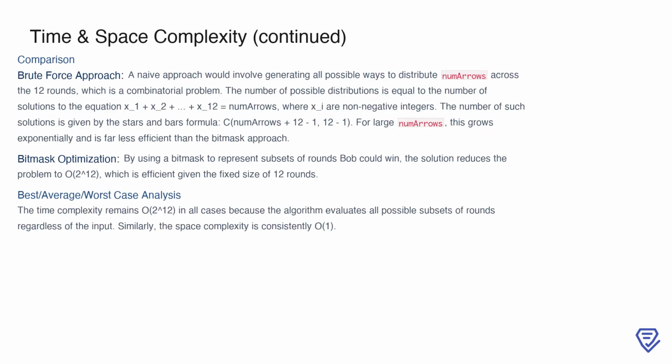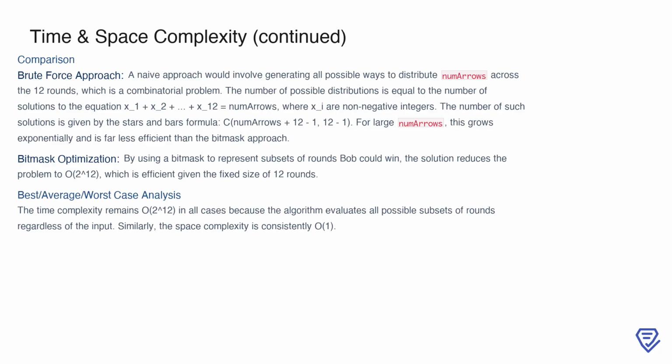Comparing this optimized approach with a brute force method highlights its efficiency. A naive approach would involve generating all possible ways to distribute Bob's arrows across the 12 rounds. This is a combinatorial problem, where the number of distributions corresponds to solving the equation x_1 plus x_2 plus ... plus x_12 equals number_arrows for non-negative integers.